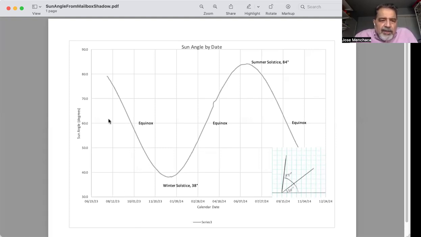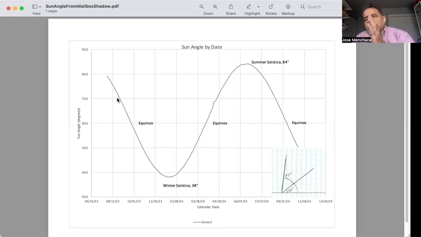It was in about August of 2023 that I first started taking the data, and at the time I was just measuring the shadow distance from the base of the mailbox.